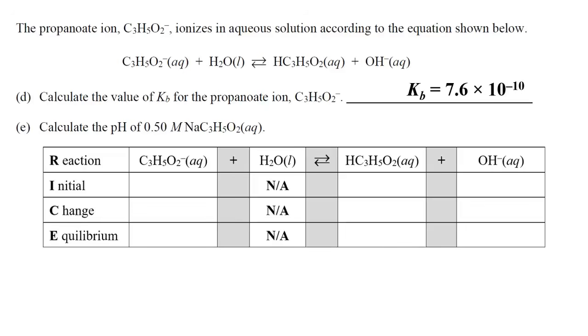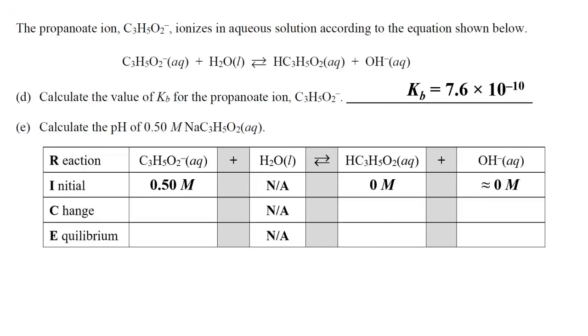And again, not worrying about the sodium, the concentration of the propanoate ion in this solution is given as 0.50 molar. But initially, let's assume that this reaction with water has not yet occurred. So on the right side of the equation, I'm going to assume that these two concentrations of the products are 0 and 0 because the reaction has not happened yet.